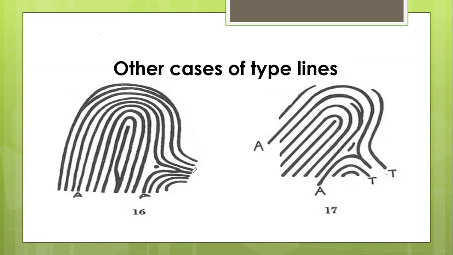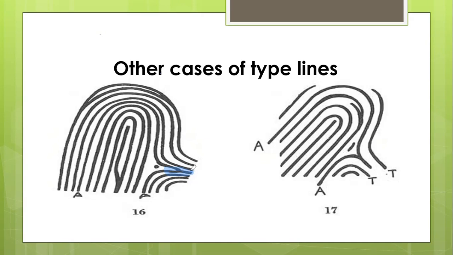So, what we are looking at here is a diverging ridge. In this one, this is not a diverging ridge. It is a bifurcation. So, can we consider this one as a type line? No, since it is not a diverging ridge. So, in this fingerprint, where will we consider the type line?